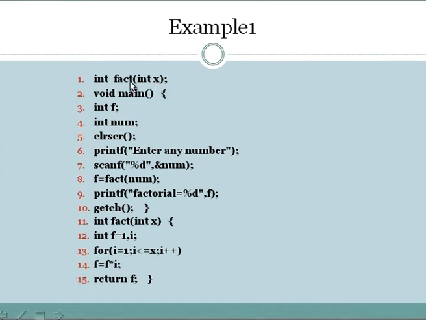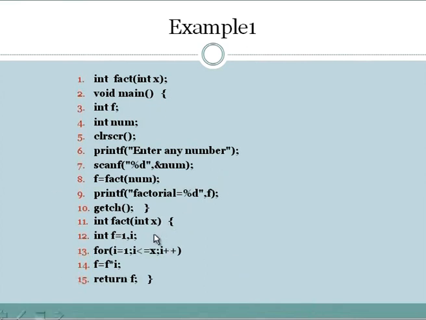The function is aimed to implement the logic of computing the factorial of any number passed to it and then return the result in the form of an integer. You see in the definition of the function that the function is passed a value of integer type. Then inside the body of the function we have declared a variable f to hold the result.